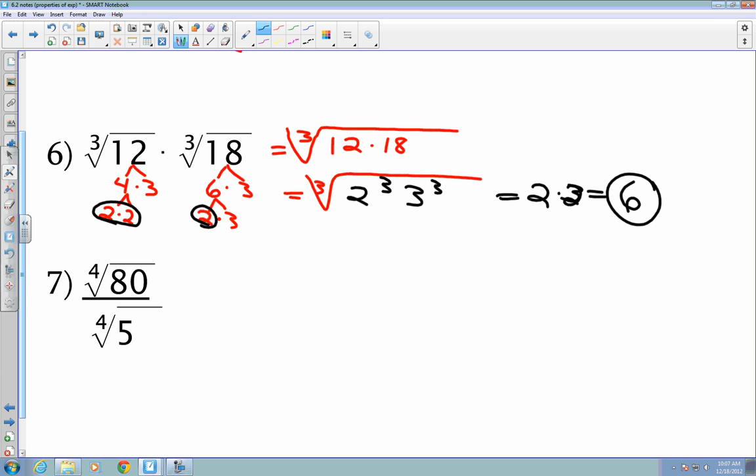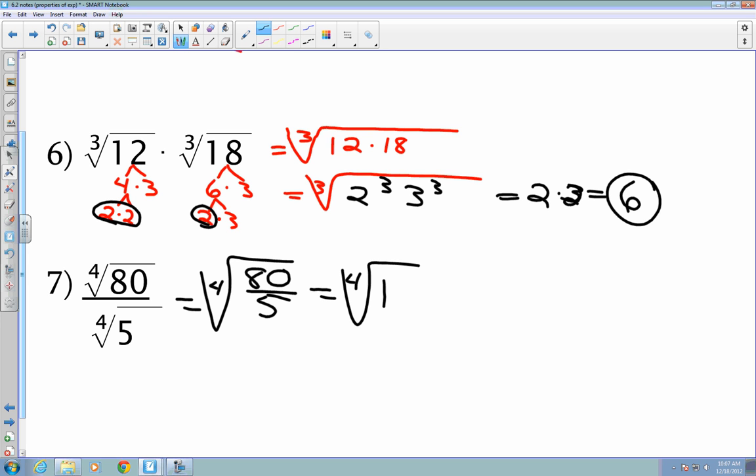Okay, so let's look at this one. Fourth root divided by a fourth root. Again, I see that I can simplify these. So I can put them together. The fourth root of 80 over 5. What is 80 divided by 5? 16.